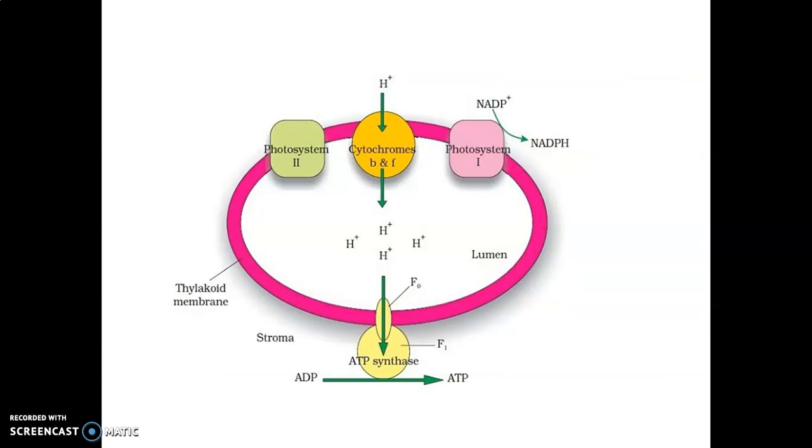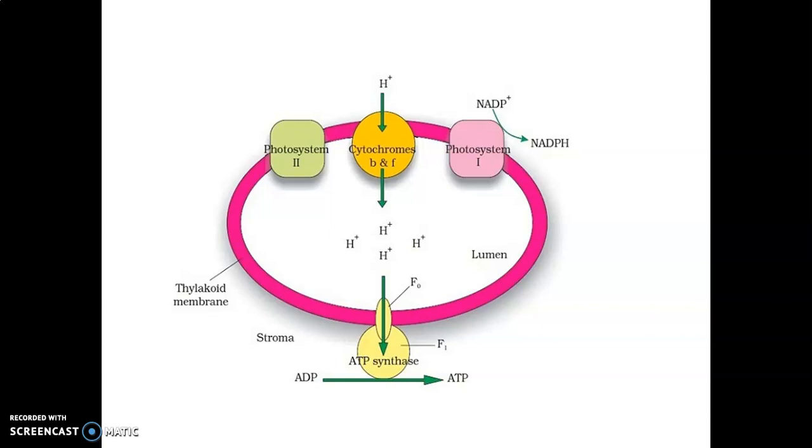Since splitting of water molecules takes place on the inner side of the membrane, the protons or hydrogen ions that are produced by the splitting of water accumulate within the lumen of the thylakoids. Okay, as electrons move through the photosystems, what happens to the protons? Protons are transported across the membrane.